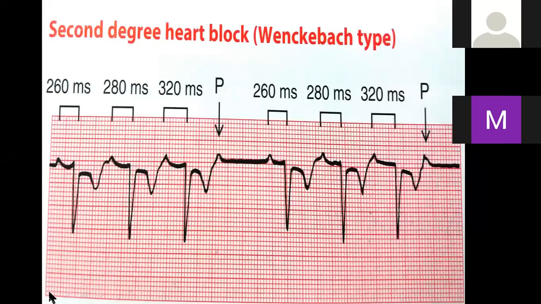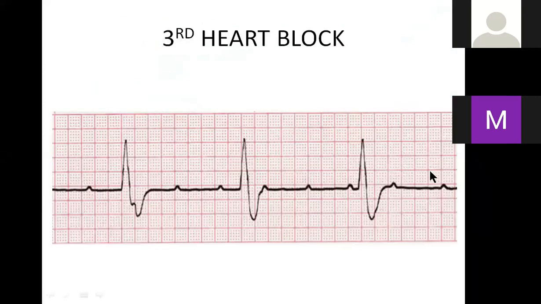And this is third degree heart block. You see that the P wave is working on its own. The P waves and the QRS complexes are not at the same distances; they are at different distances. P is following its own pattern, and the QRS complex is wide.